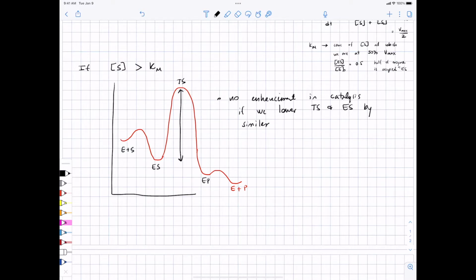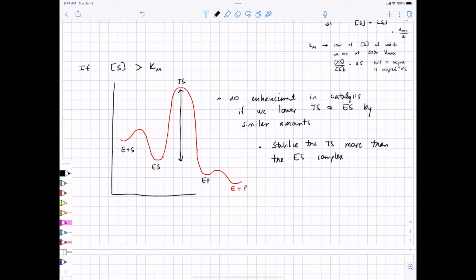In other words, if you want to enhance the catalysis, you have to stabilize the transition state more than the enzyme substrate complex.